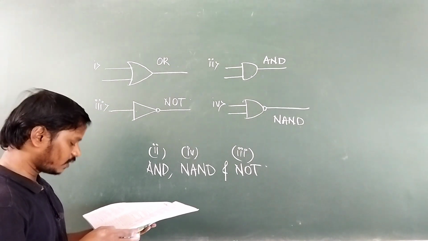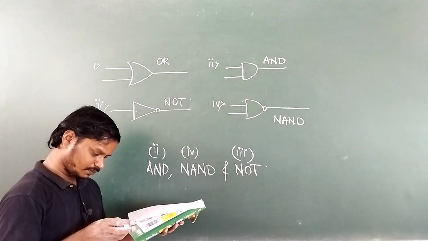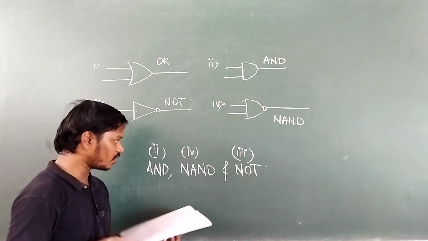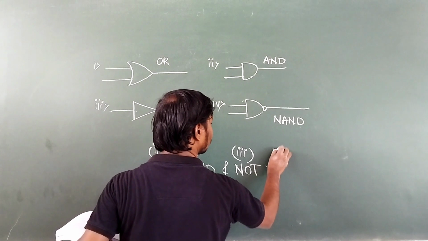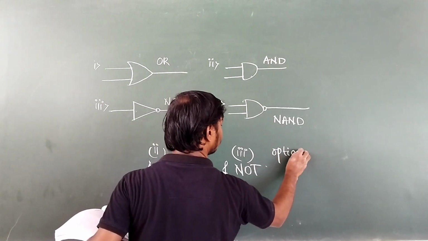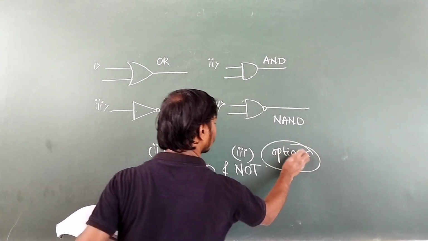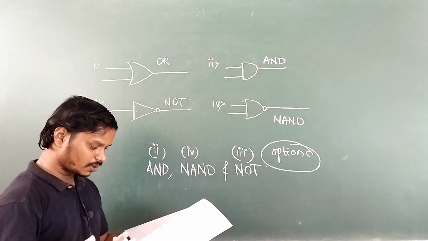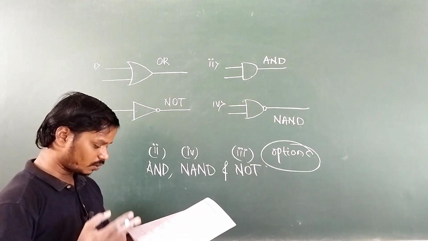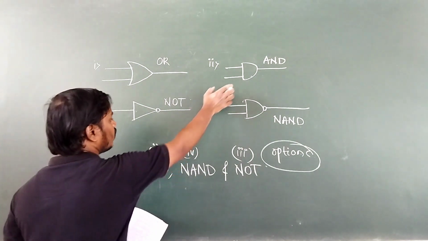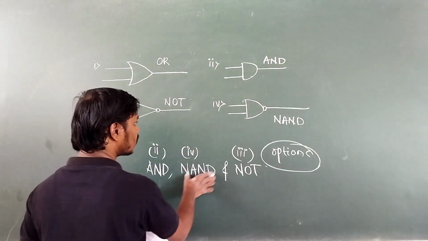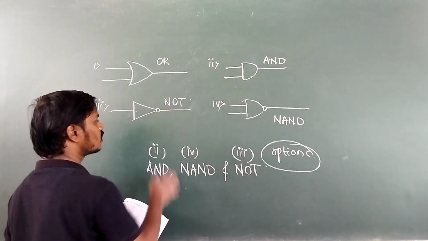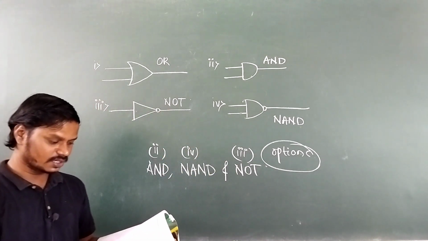Second, 4 and 3 means option C is correct here. In option C, Roman numeral 2, Roman numeral 4 and Roman numeral 3 are given. Roman numeral 2 means the AND gate, 4 means the NAND gate, 3 means the NOT gate. Hence option C is correct.